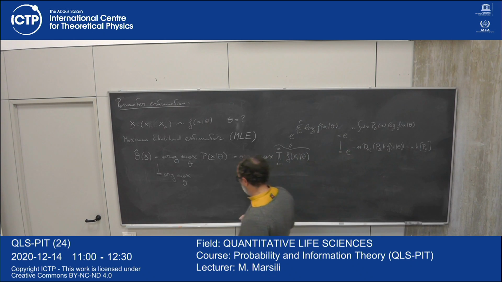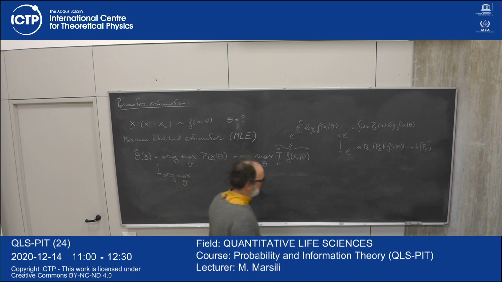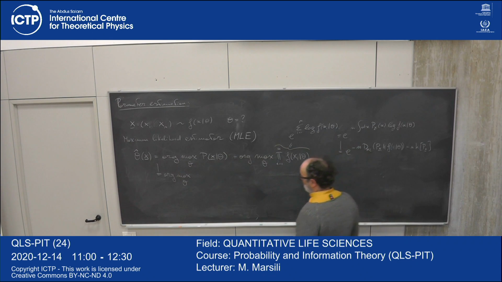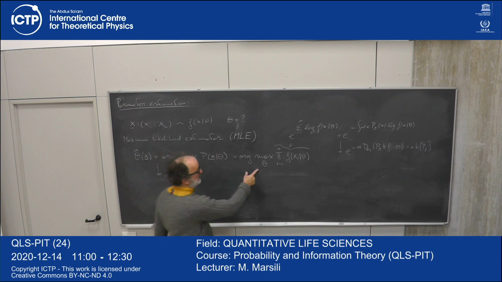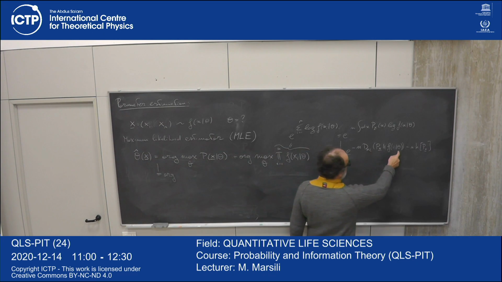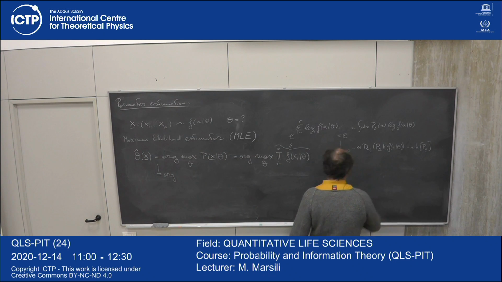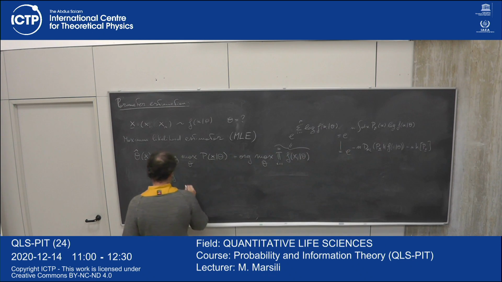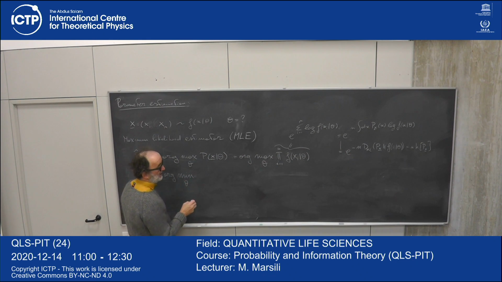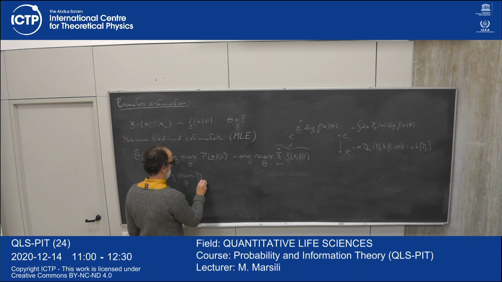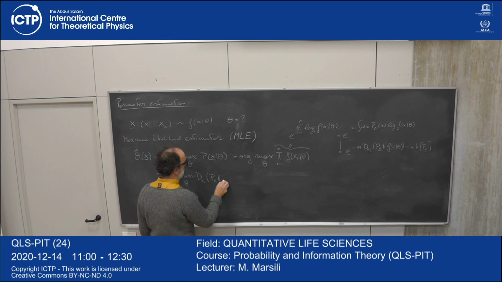So, essentially, maximum likelihood estimation corresponds to finding, if you want to maximize this, a theta that minimizes the distance of the type from the parameter family. Which is again a large deviation problem if you want.